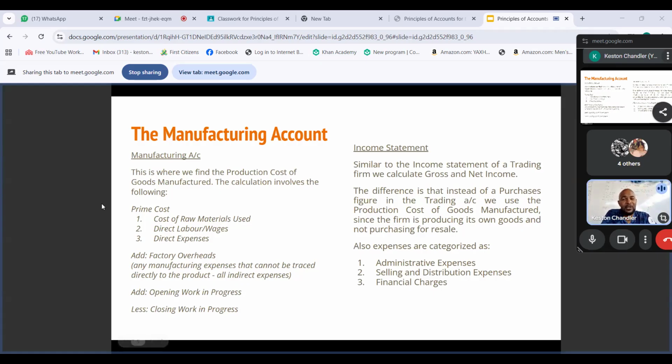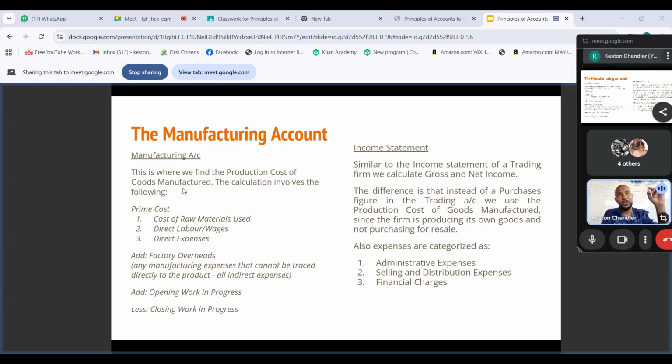After we complete the manufacturing account and have calculated the production cost of goods manufactured, we can then go to our income statement, similar to the income statement of the trading or sole trader. The difference is that instead of purchases, you see that figure we just calculated, the production cost of goods manufactured? That is what is going to go in place of purchases.